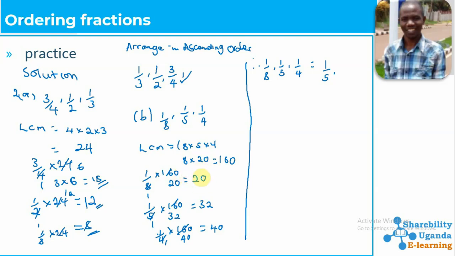We had this, and this, and this. So this simply means we have our smallest as 1 out of 8, then 1 out of 5, and 1 out of 4. So this is how we can arrange that.